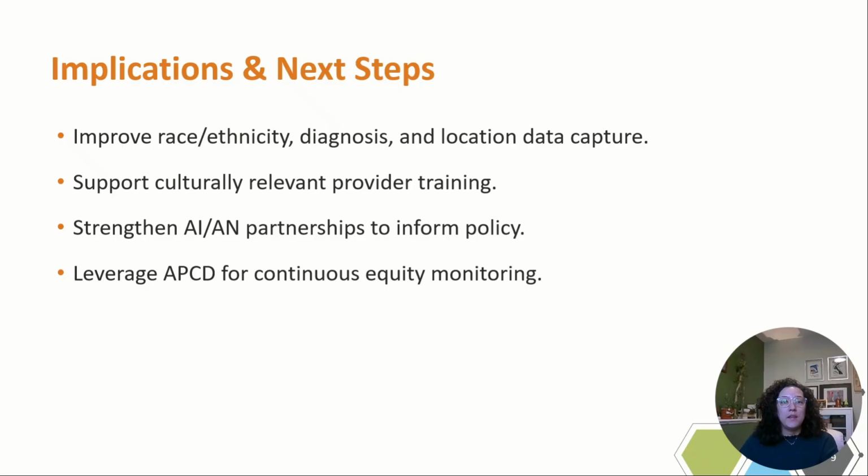And third, we need to keep working directly with Native American and Alaska Native-led organizations, so analyses and evaluations like this are guided by community priorities, not just research questions. At Civic, our role is to make sure data is used as a bridge, something that connects systems to the people they're meant to serve.